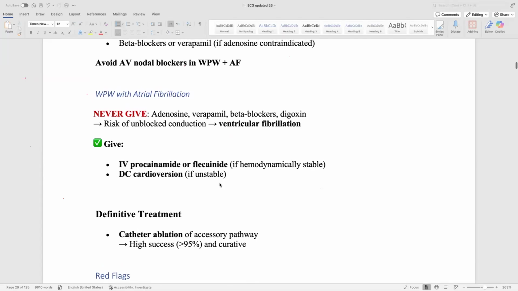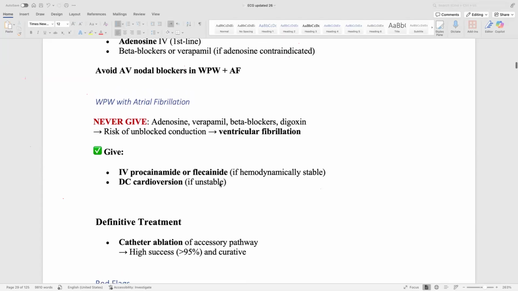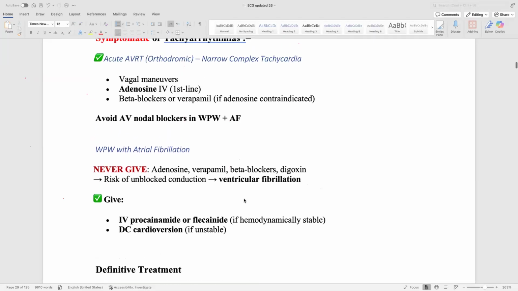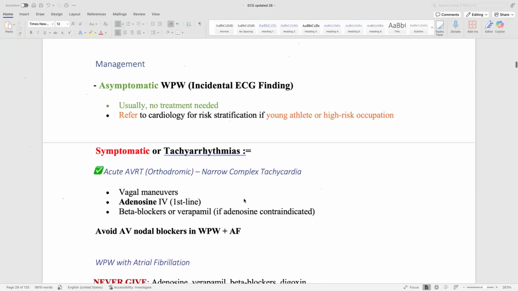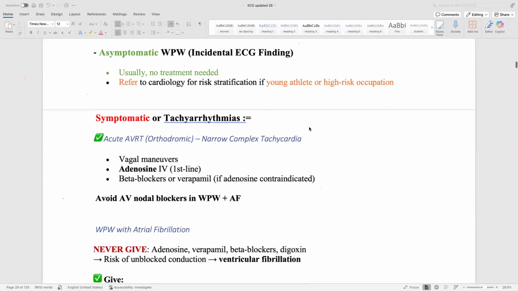This is also a very important tough question for MRCP, MRCM, and maybe also the MRCGP AKT. Again, treatment: asymptomatic, no treatment needed, just refer to cardiology for risk stratification.